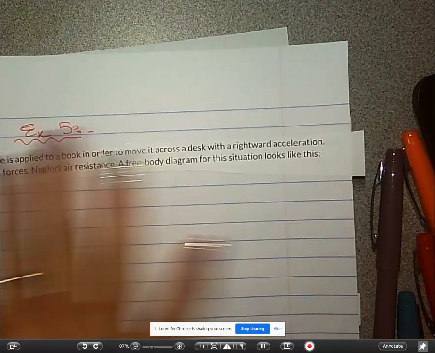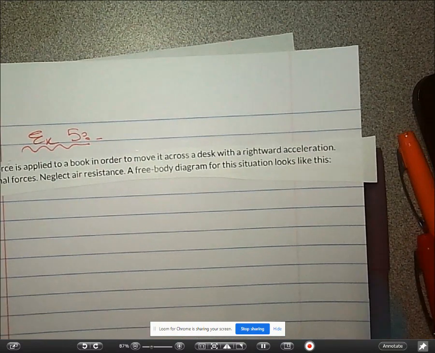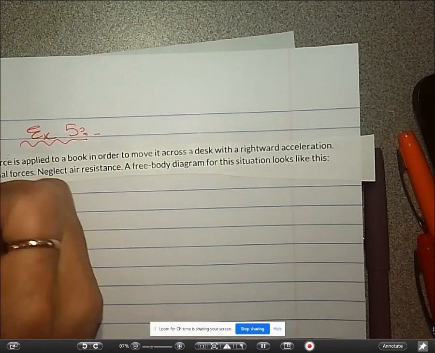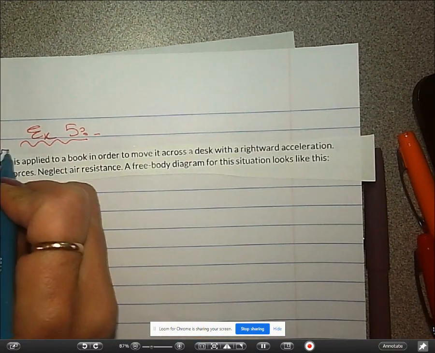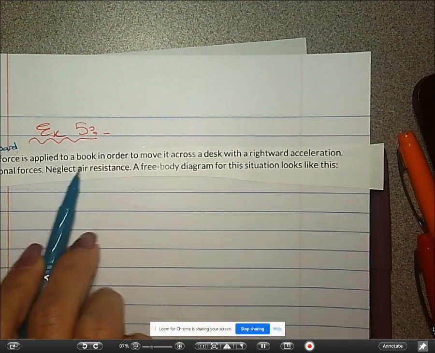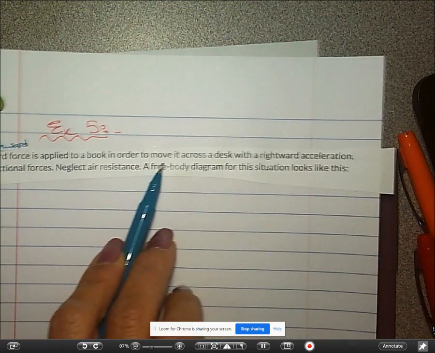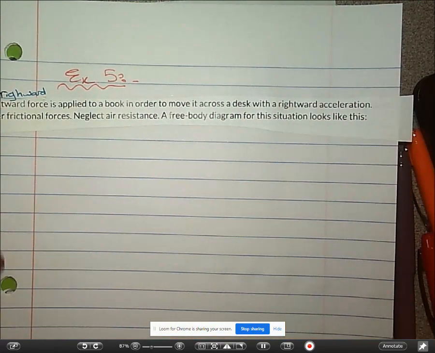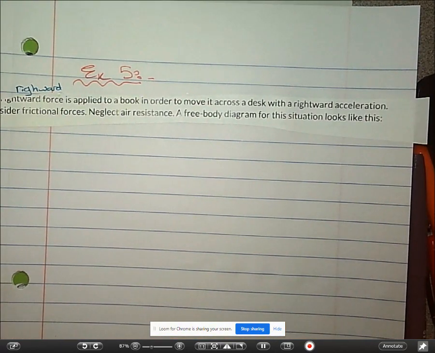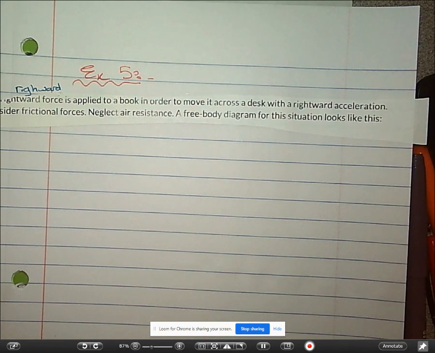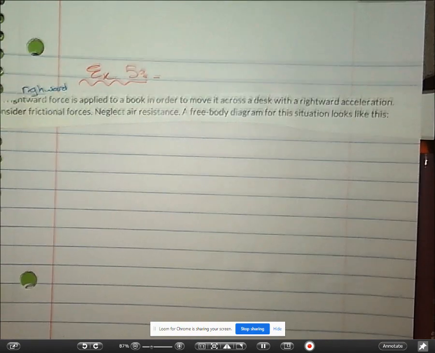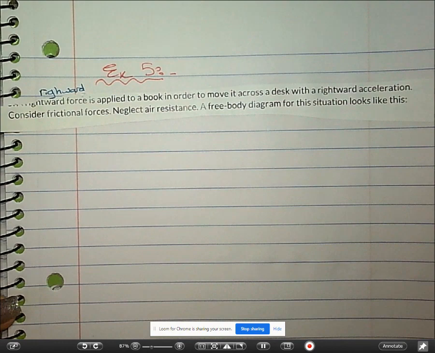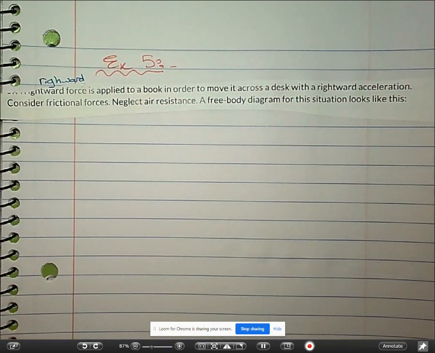So we got a rightward force that is applied to a book in order to move it across the desk with a rightward acceleration. I'm talking about acceleration and force. That means I am talking about Newton's second law of motion. Consider frictional forces. So there is the force between the book and the desk.